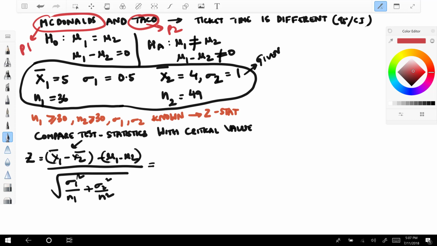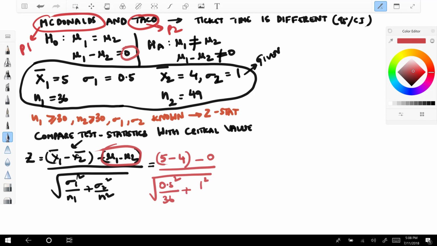So once we substitute, our x1 bar is 5, our x2 bar is 4, and mu1 minus mu2 is the hypothesized difference, which is 0, divided by sigma 1 square, 0.5 square, divided by n1, 36, plus sigma 2 square, 1 square, divided by 49.